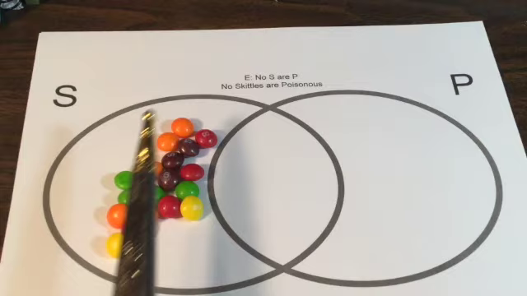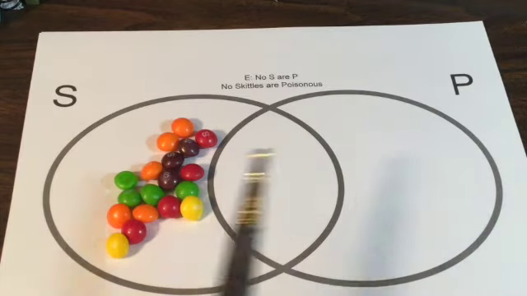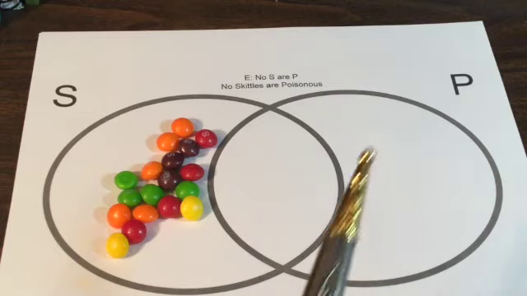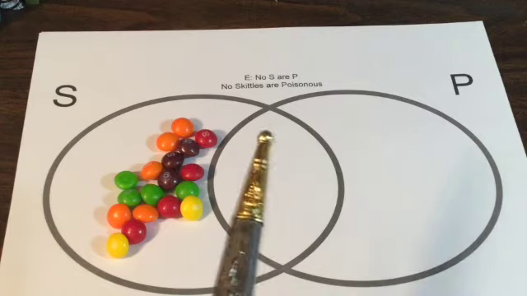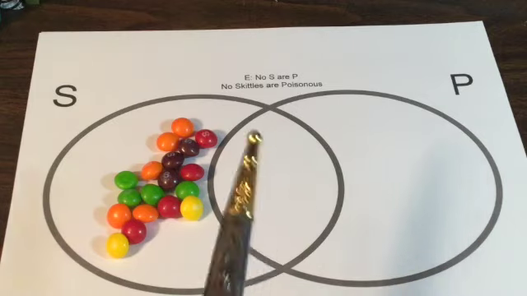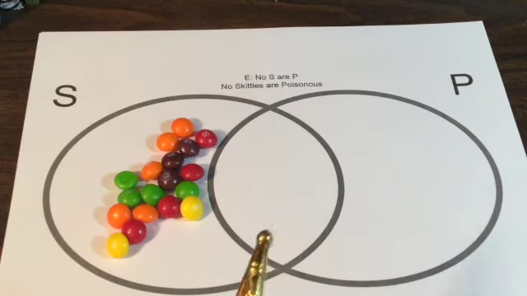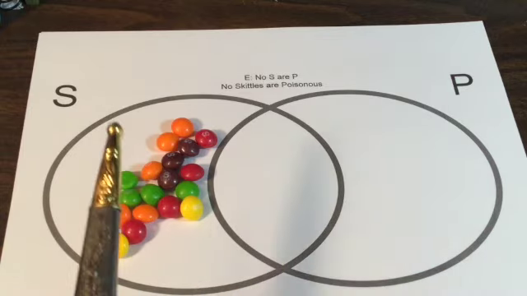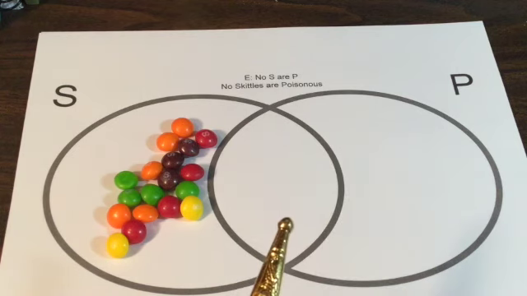See, all the Skittles are over here in the S circle, but there's no relationship between the P and the S. There's no overlap. And so I would color this in. If I had a marker, I would just color that in to illustrate that there's nothing here. So there are S's and there are P's, but never the twain shall meet.